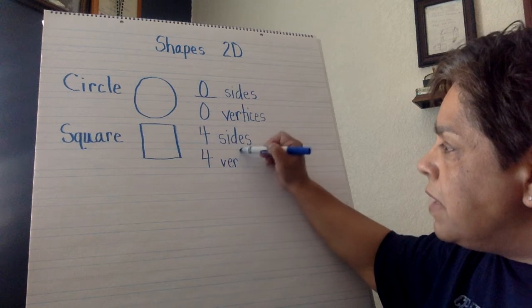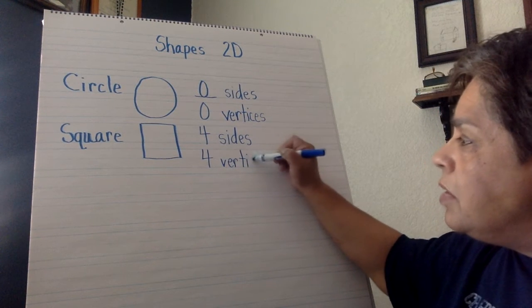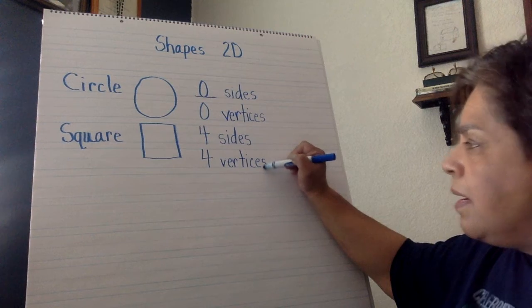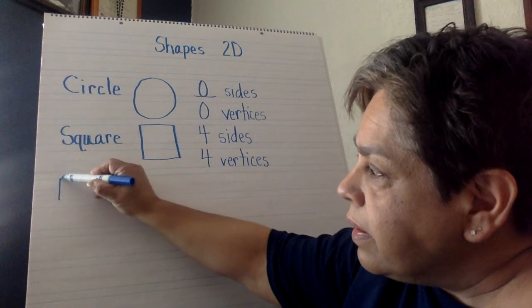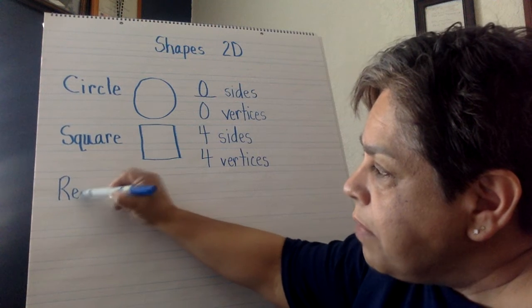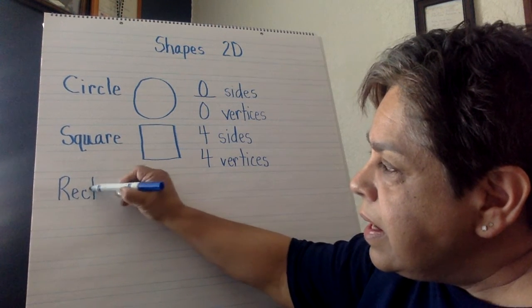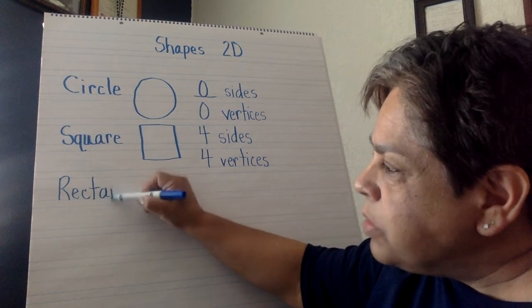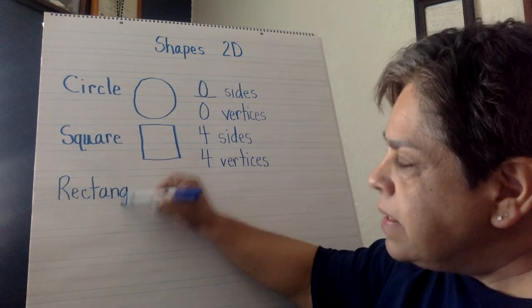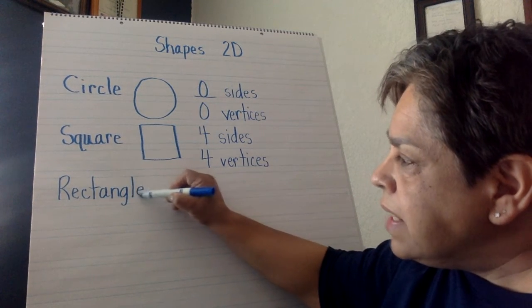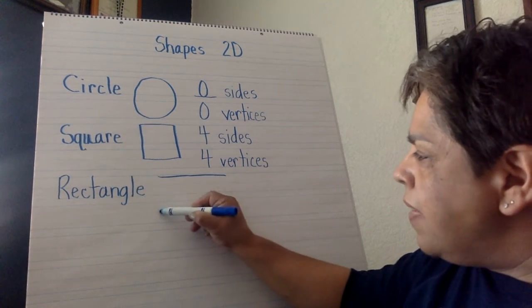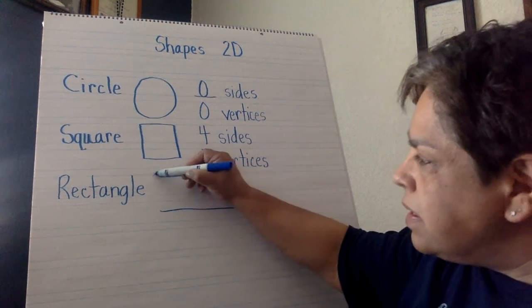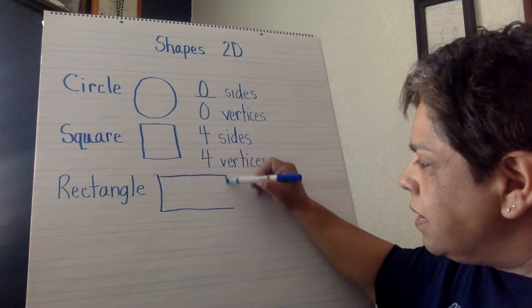Okay, can you think of another shape? Another 2D shape. Let's say we're going to write rectangle. Okay, remember that a rectangle is almost like a square, but it is a little bit different because it's going to have 2 sides that are long, and then it's going to have 2 sides that are short.